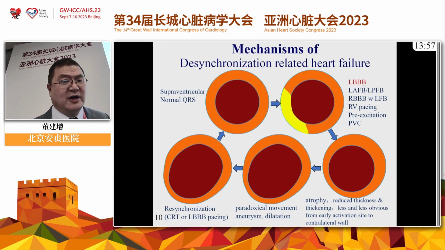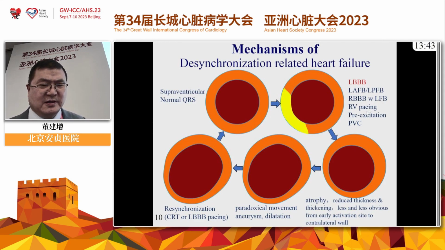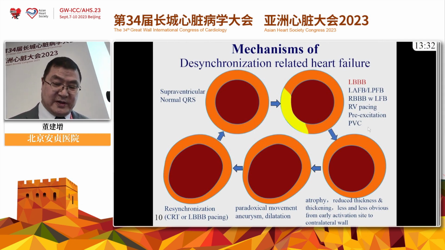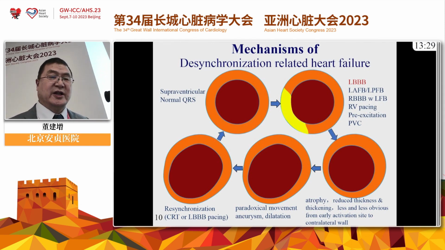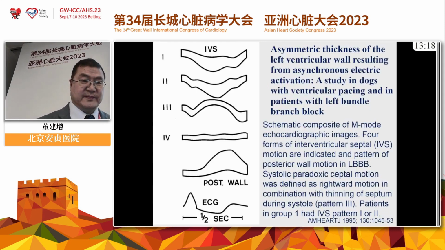Besides left bundle branch block, left anterior fascicular block, left posterior fascicular block, right bundle branch block with left fascicular block, right ventricular pacing, pre-excitation, and high burden premature ventricular contraction have similar hemodynamic changes and can result in ventricular atrophy at the earliest activation area.